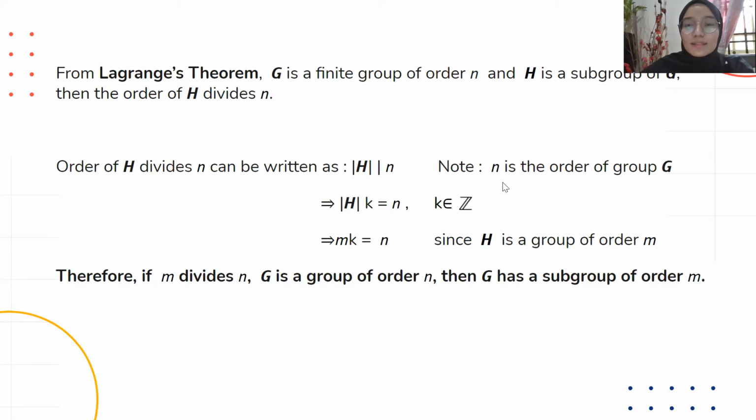As a note here, n is the order of group G. So this can also be written as h times k equals n, where k is an integer. So m times k equals n, since H is a subgroup of order m. Therefore, if m divides n, and G is a group of order n, then G has a subgroup of order m. So to answer the question, I said yes.